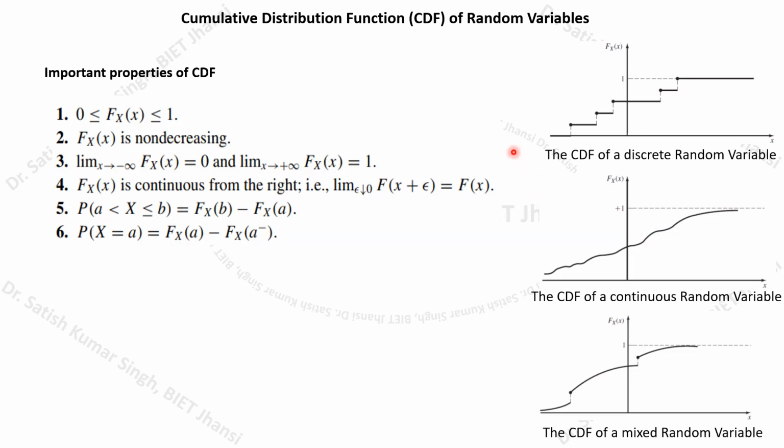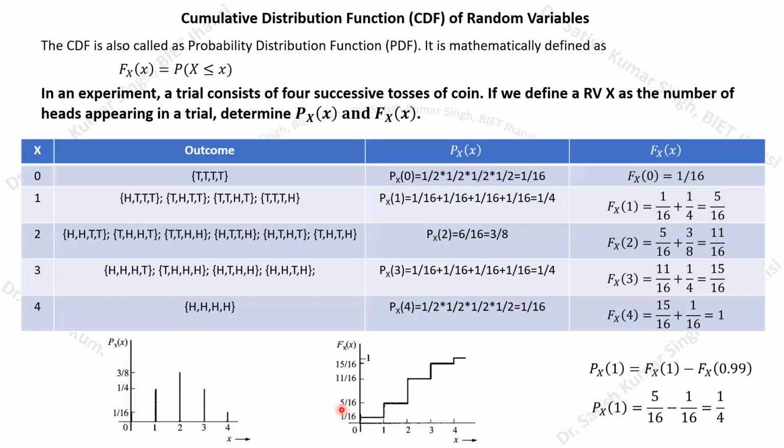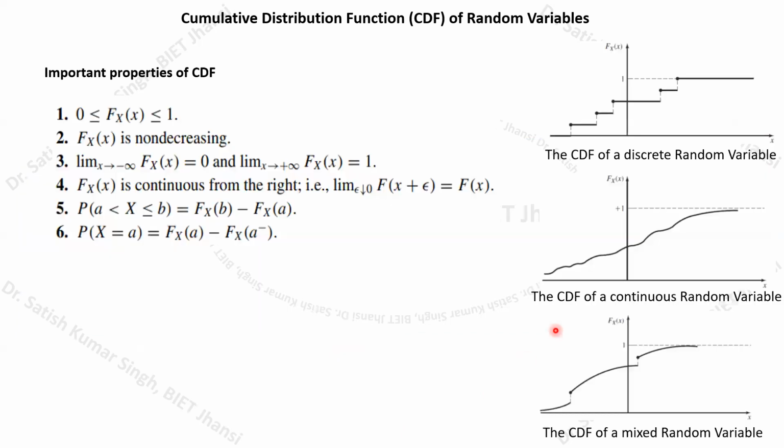If it is the CDF of a discrete random variable, then the graph will be a staircase function like this. You can also see the previous graph. It will be a staircase function whenever your random variable is discrete. If it is a continuous random variable, then the graph of the CDF will be like this.